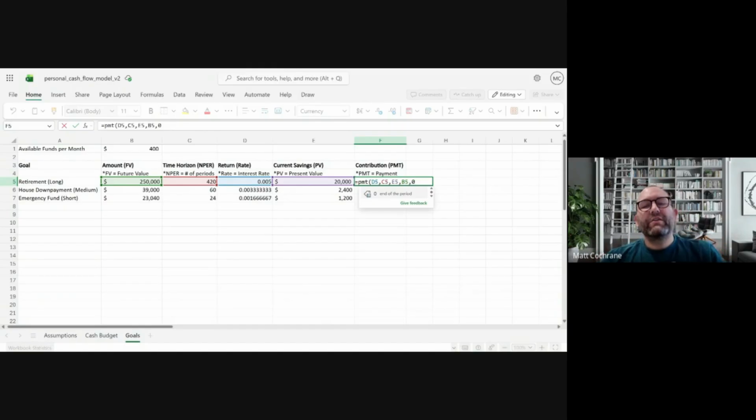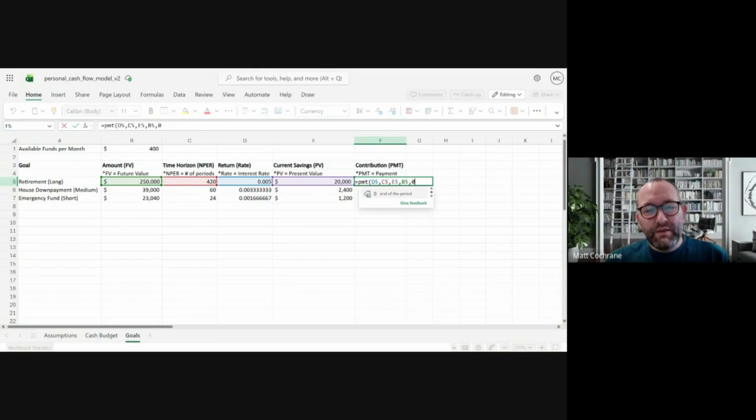Now, one thing that is very, very important with relation to this PMT, you have to determine what are cash outflows and what are cash inflows, because cash outflows are always treated as a negative and cash inflows always as a positive. If you currently have $20,000 as your current savings, that has been a cash outflow, okay?